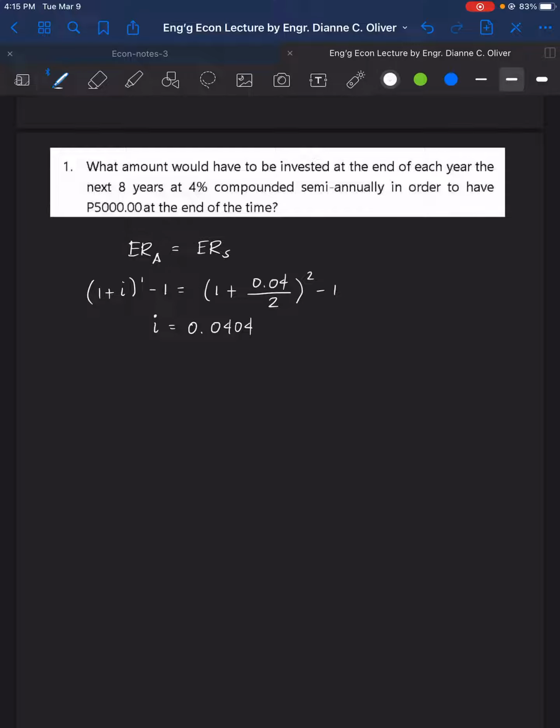Now, what is being asked in the problem? What amount would have to be invested at the end of each year? So it's asking for the annual payment. How about the 5,000 pesos here? Is that the future or the present worth? It says, in order to have 5,000 pesos at the end of the time.